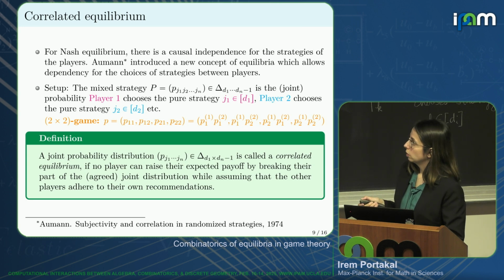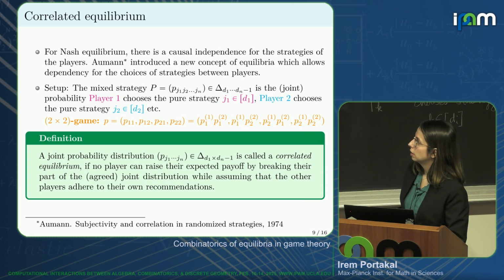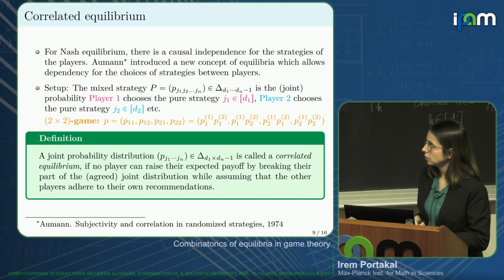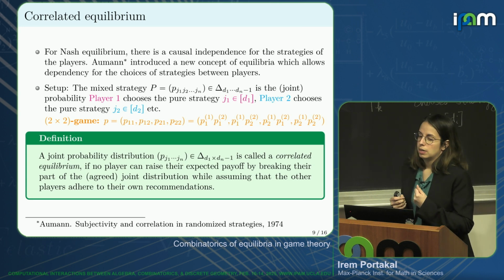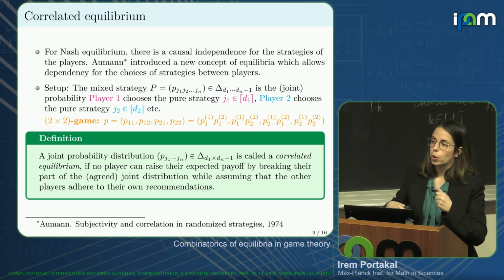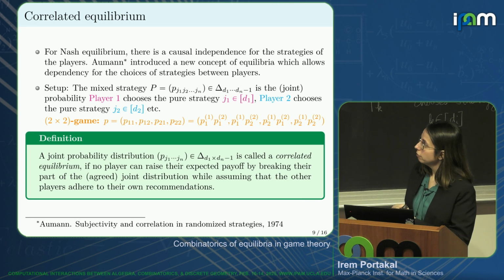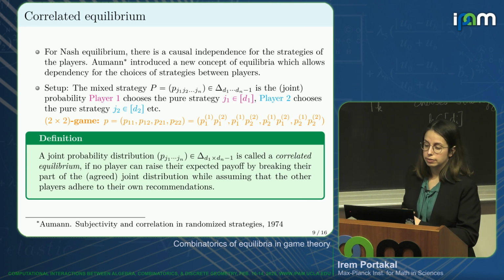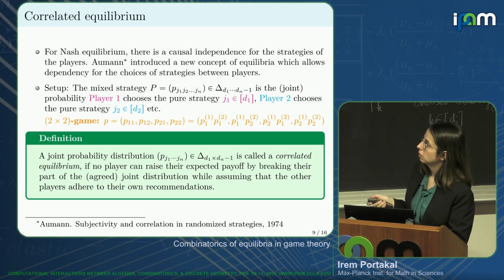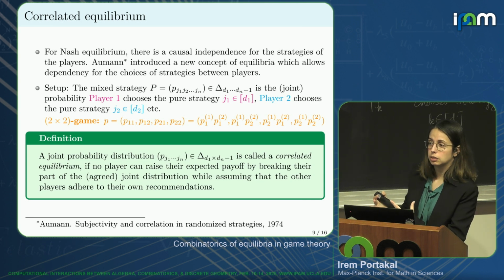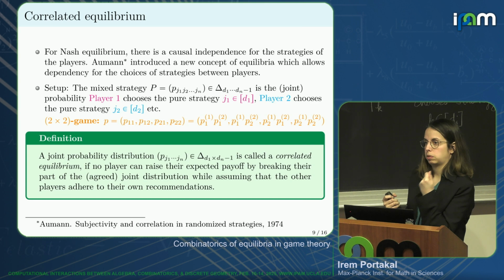And this was also introduced by a topologist, in 1974. This is somehow like an indirect dependency, some correlation between the players that we have. And for this, I have a slightly different notation. Since I have a correlation, instead of considering the product of probability simplices, I'm considering one probability simplex.